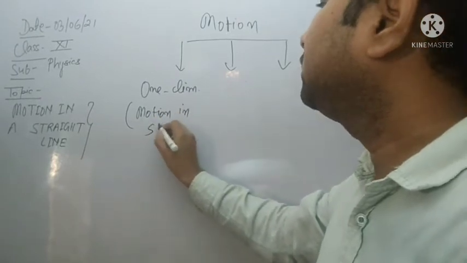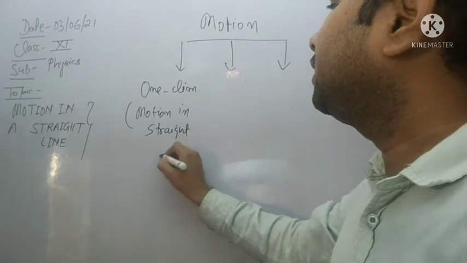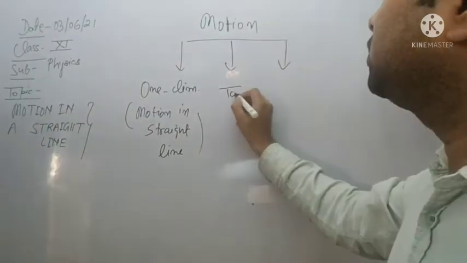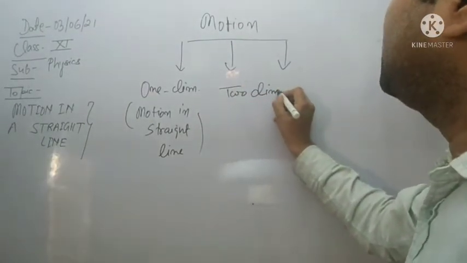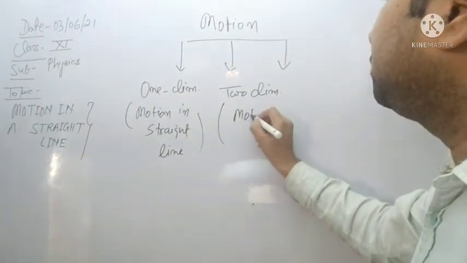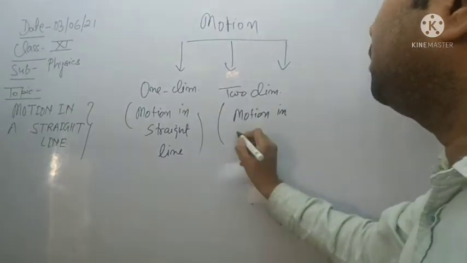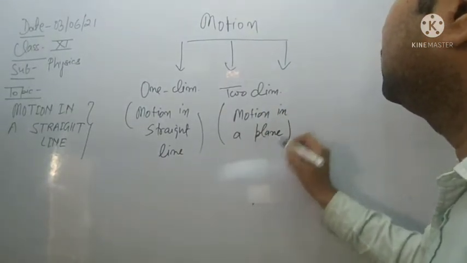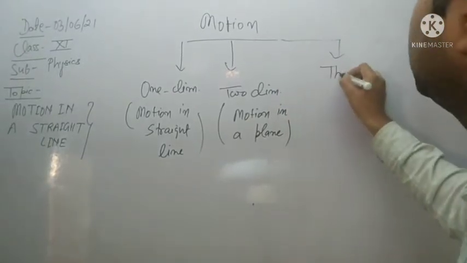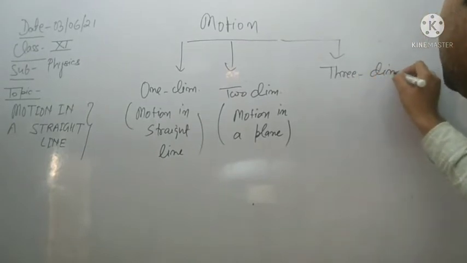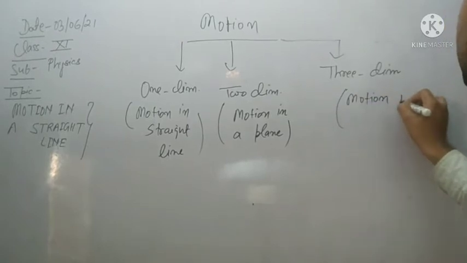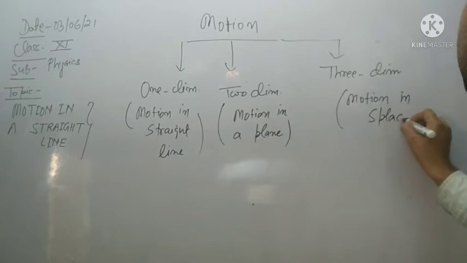Second, two-dimensional motion, that is motion in a plane. And the last one is three-dimensional motion, that means motion in space.